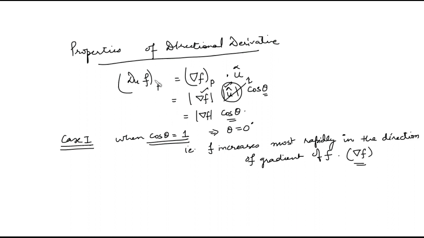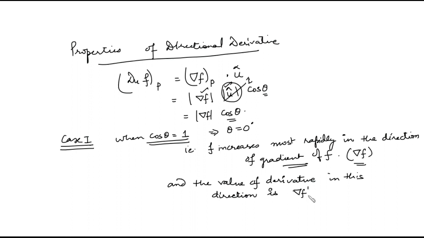So we'll get the maximum value of the derivative in the direction of the gradient of f, and the value of the derivative in this direction is mod of del f. So when you put theta to be 0 over here, the derivative value will be mod of del f.